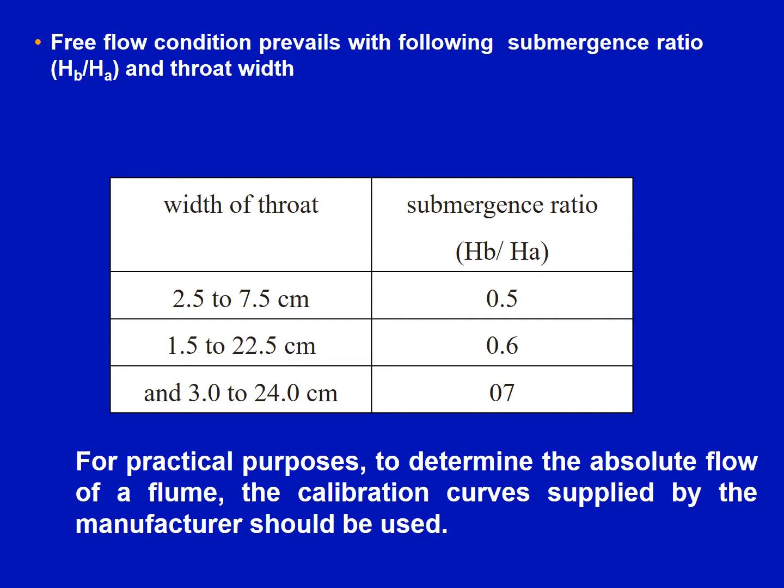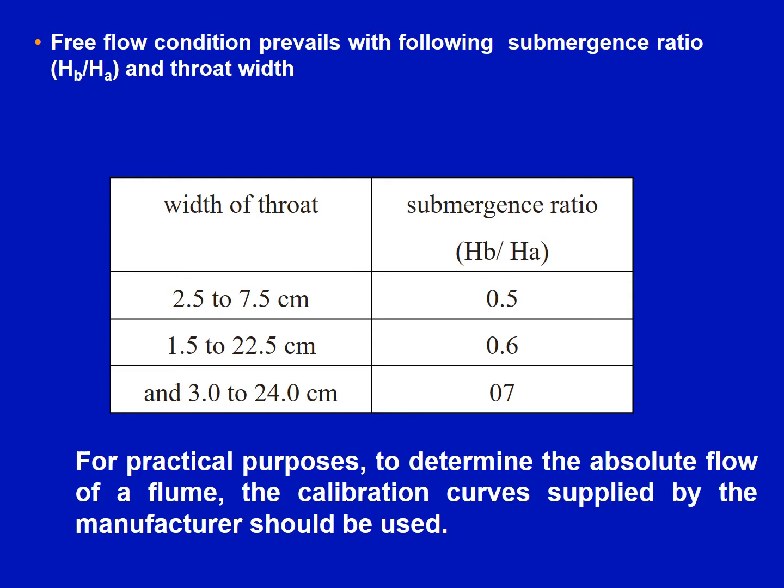Now whether the free flow condition exists depends on the submergence ratio, that means HB upon HA. We have seen in the previous slide the point at which HB is measured and the point at which HA is measured. For different widths of throat, there is a specified value of HB by HA.